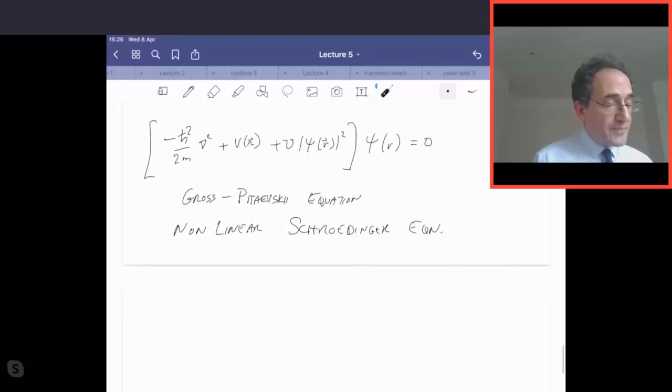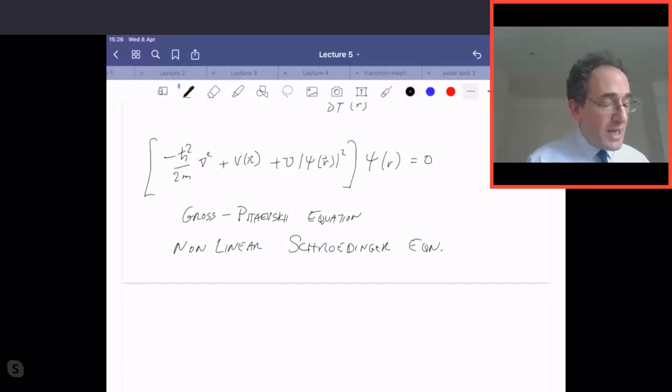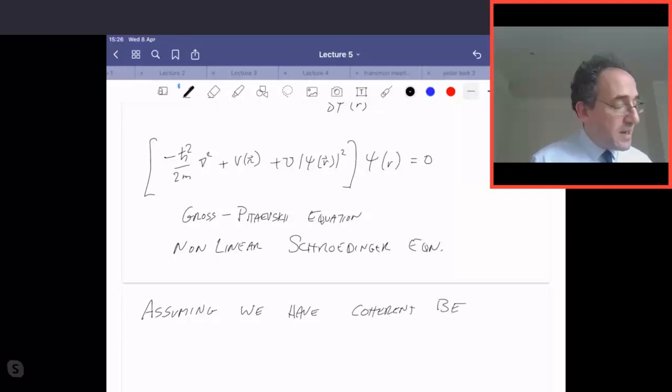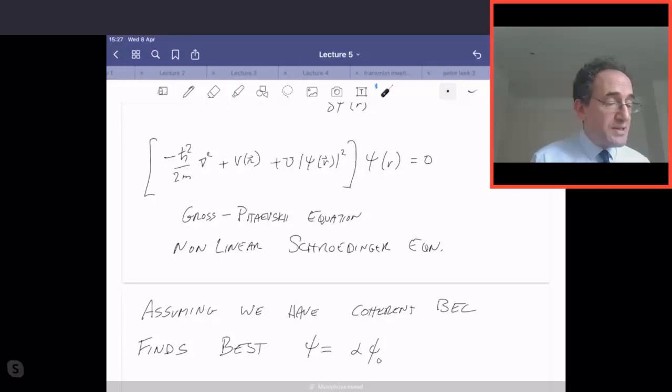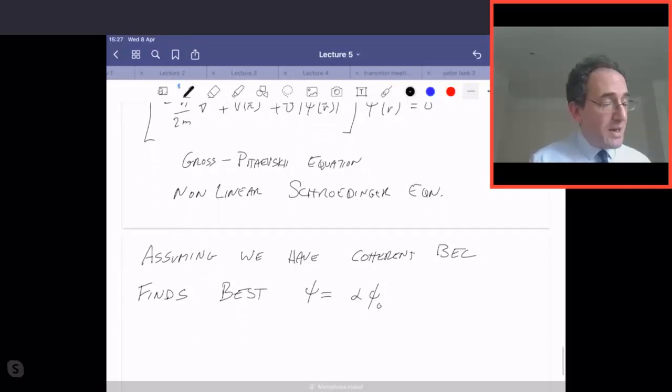One way of interpreting this Gross-Pitaevskii equation is that, assuming we have a coherent state BEC, it finds the best value of ψ = α φ₀, the best orbital to put the bosons in. You can imagine lots of different wave functions you could put all the bosons in. You can choose the one that has the lowest possible energy, and the solution of the Gross-Pitaevskii equation is finding that lowest possible energy.